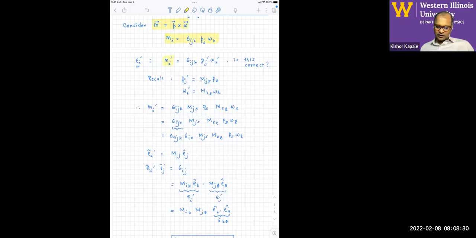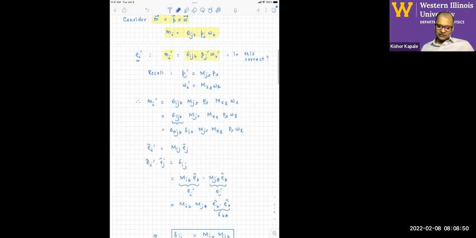And you can write that possibly as epsilon ijk pj prime wk prime. But the question is, is this really correct? Is that how it's going to transform? The cross product in one coordinate system is just the same as in the other coordinate systems. So any thoughts anybody has? Is this correct? You can tell me in the chat privately, yes or no.